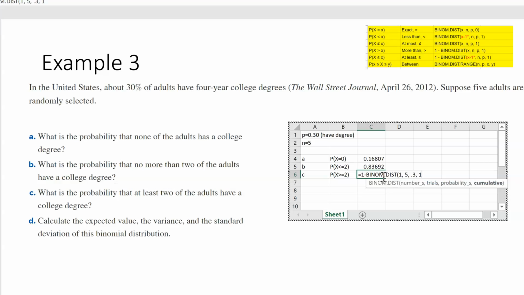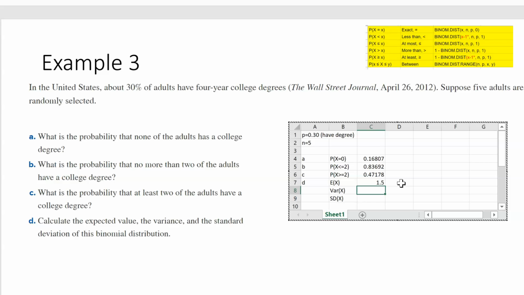5, 0.3, and 1. So now calculate the expected value, variance, and standard deviation. Now you can do this by hand, you don't have to use Excel, but the expected value is n times p. So our n is 5 and our p is 0.3. That's the expected value.